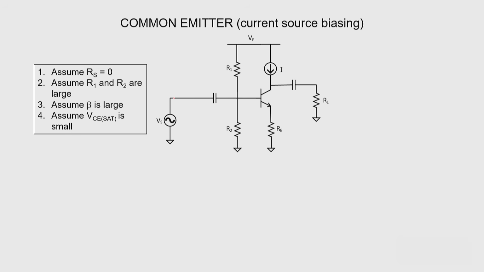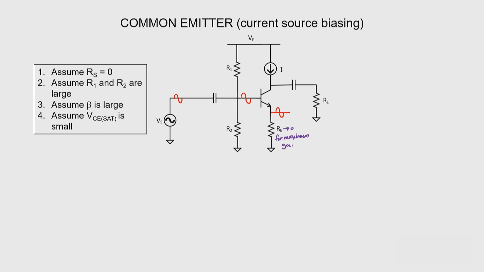Let's now look at current source biasing using the common emitter configuration. We'll again start with the same set of assumptions as before. We have an AC signal entering our amplifier and finding its way to the base of a transistor. The signal then shows up at the emitter, and to maximize my gain, I'm going to assume that the emitter resistance is 0.